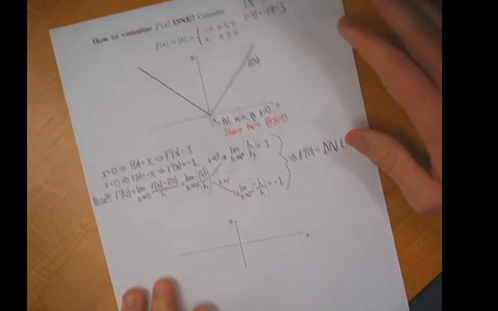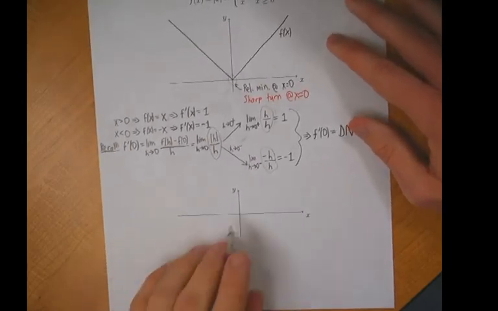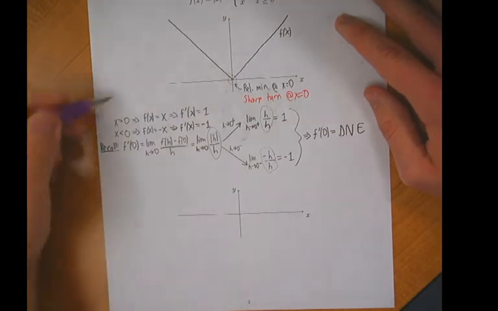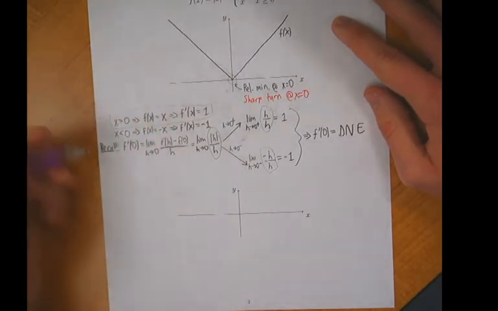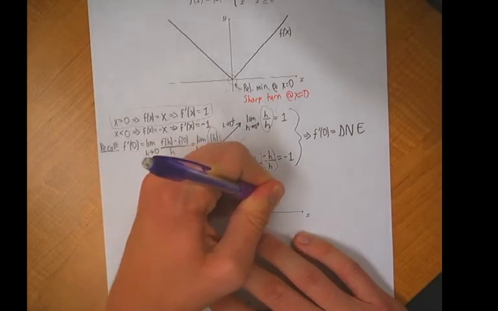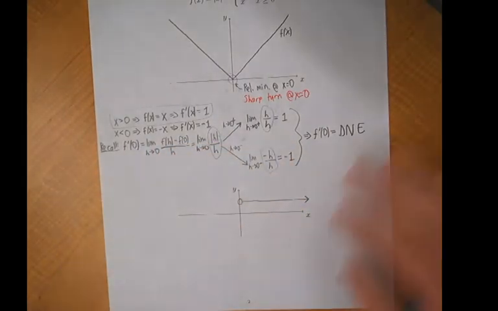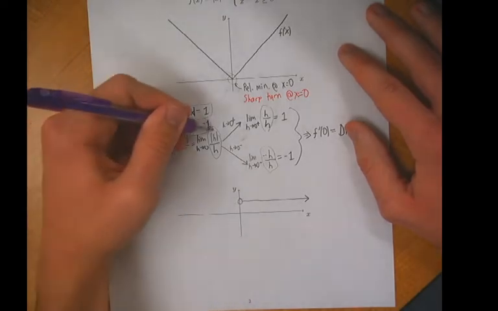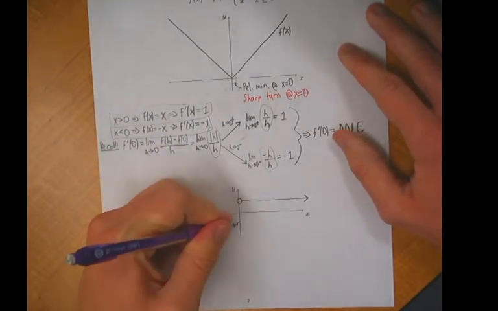Okay? So let's take a look at the graph of f prime from that. We already established if x is greater than 0, the derivative is just 1, and if x is less than 0, f prime is negative 1.